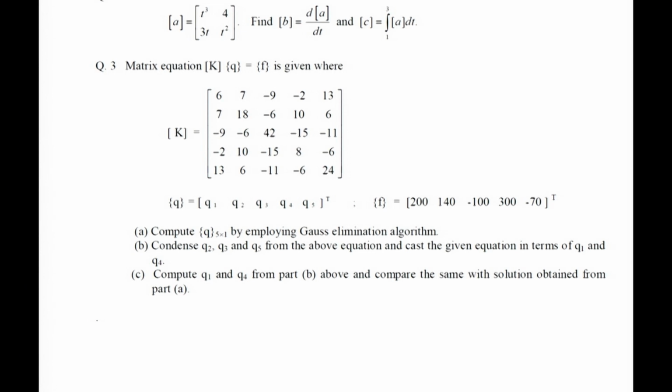In part C, what I want you to do is making use of Q1 and Q4 as obtained in part B, again go back to the equations we derived for static condensation, and from Q1 and Q4 now we will recover the secondary unknown set Q2 consisting of Q2, Q3, Q5.